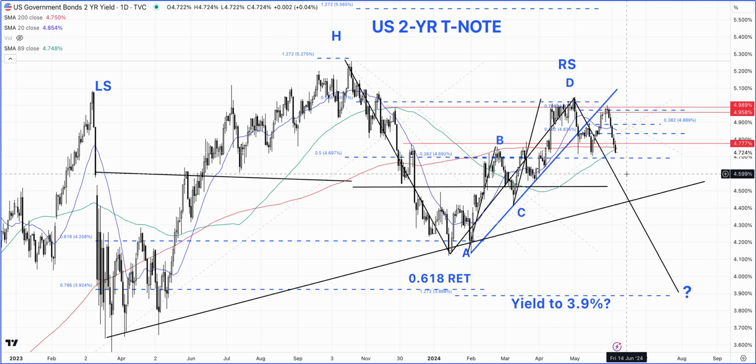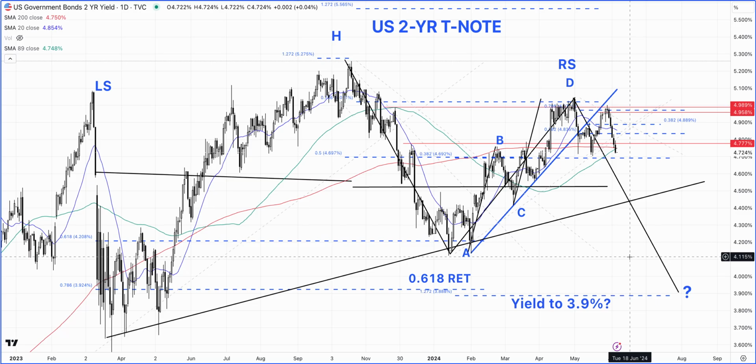If the market is able to close lower, we would like to see ideally two closing pattern formations or candles below the 4.7. And then I think we are actually moving in this black ABCD, which could in fact see the yields on the 2-year move as low as 3.9%. So this is what we are actually looking for, 3.9%.